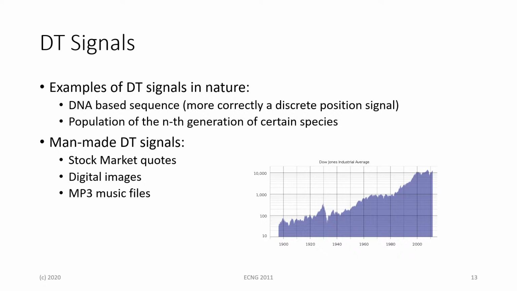A 128 kilobit per second MP3 file might be about 3 megabytes, but in the realm of 320 kilobits per second, those files go up to 8 or 9 megabytes and so forth. So digital music in particular is a discretized time signal because it is a sampled version of the actual analog music.